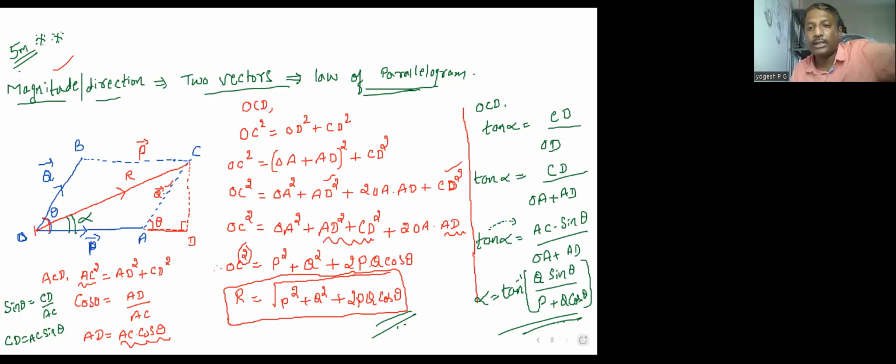You got it? Okay. Now, what is the formula, students, you have studied for the magnitude of the resultant? Root of P square plus Q square plus 2PQ cos theta.